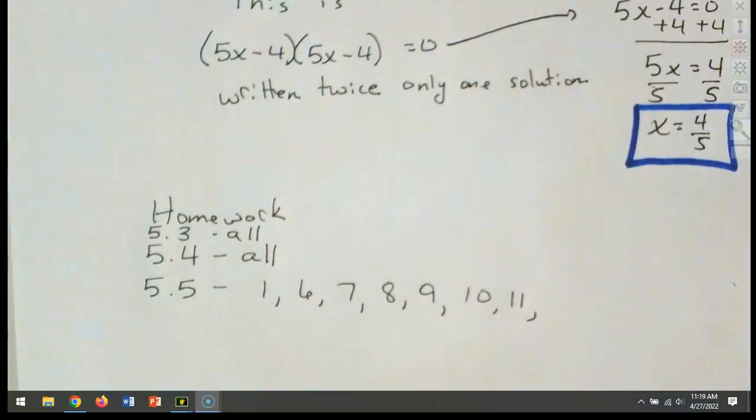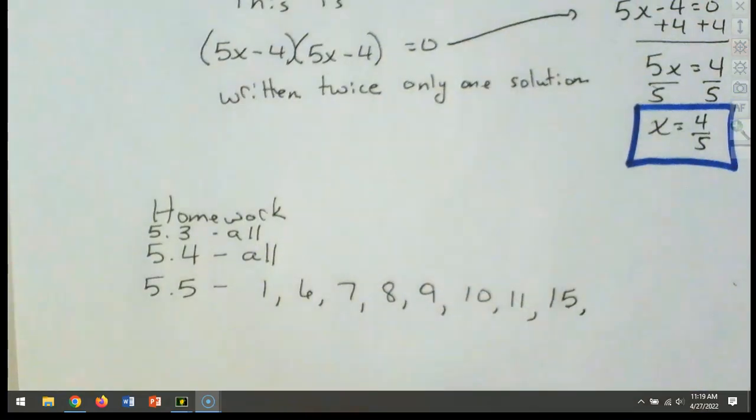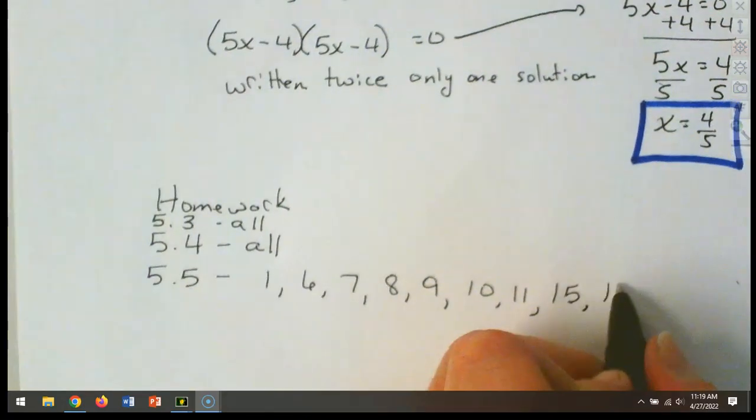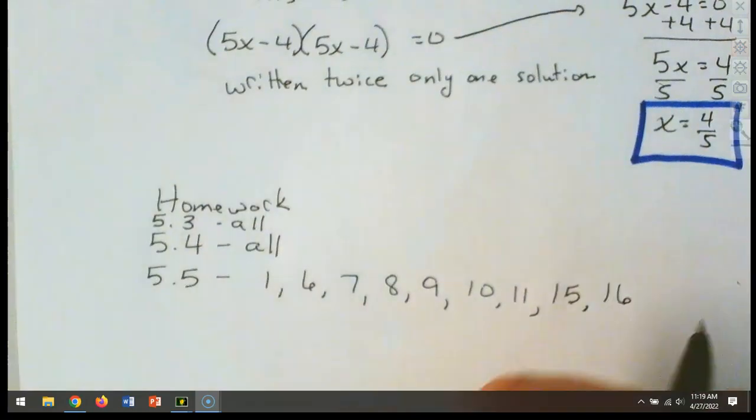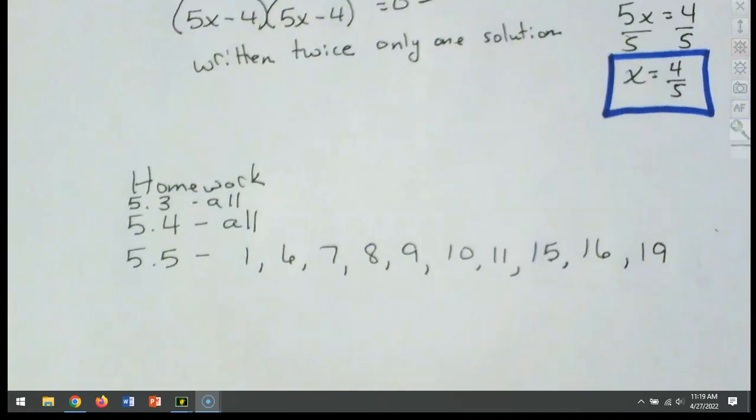Haven't done that one yet. Can't do 14 yet. Let's see here. 15. Yep, you can do 15. 16, you can do that one. And 19. So those are the ones that you can do for your homework.